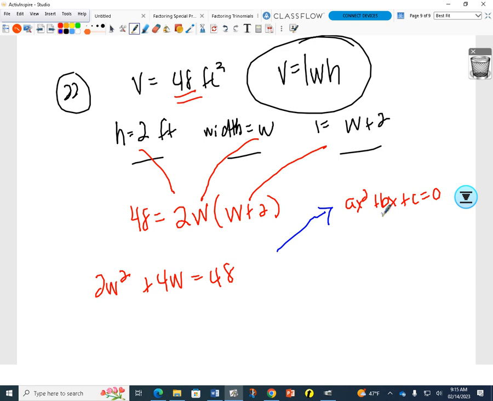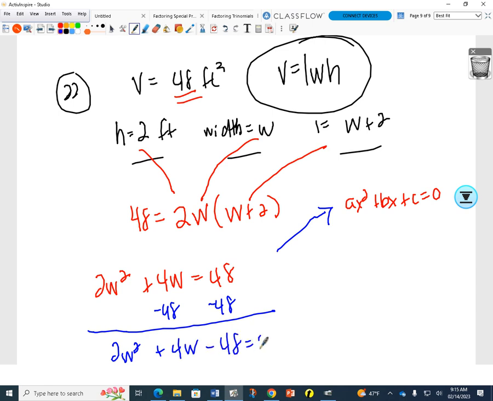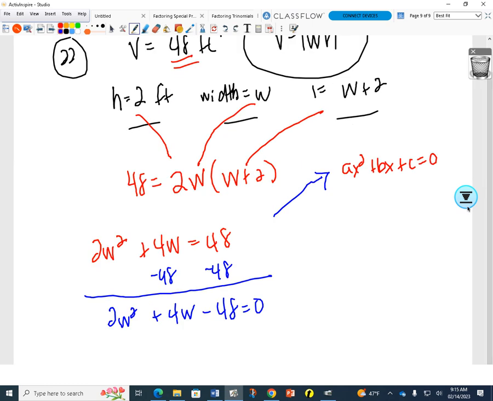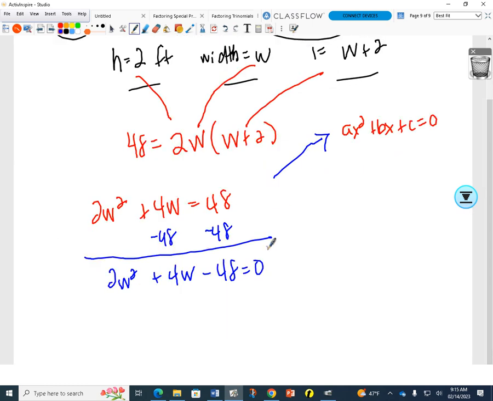Subtract 48 from both sides. Now I'm going to have a quadratic equation that's equal to 0. So 2w squared plus 4w minus 48. None of these are like terms, so we can't combine anything, so everything just gets listed there, right? So now we have a quadratic equation with 3 terms.